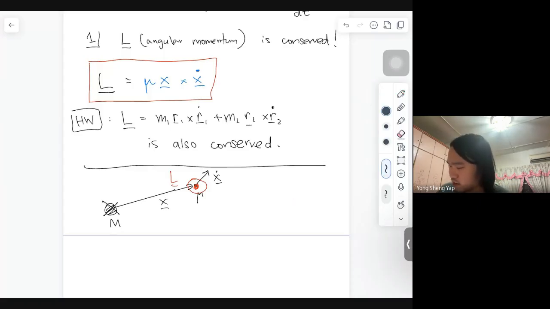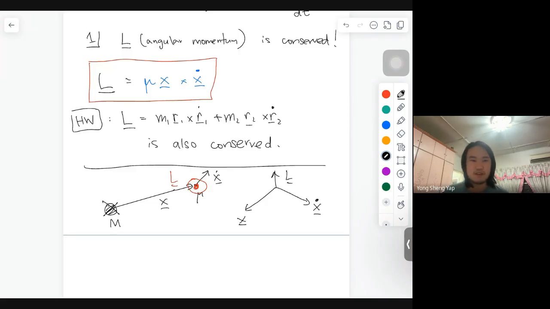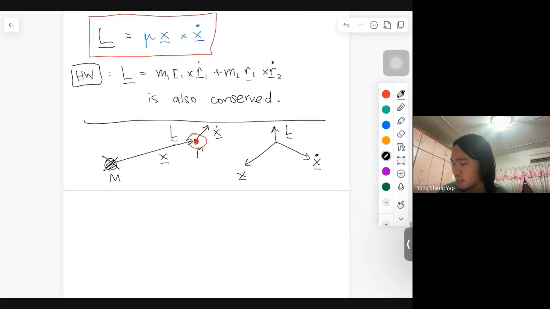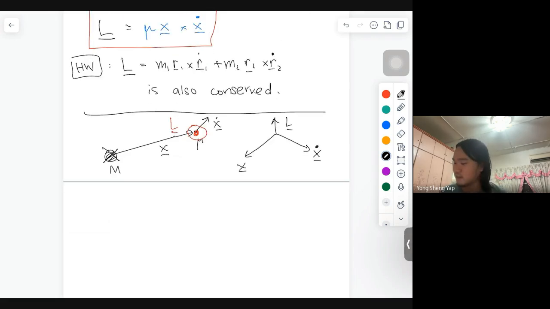What I'm trying to say is that wherever your position is and wherever your velocity is, the angular momentum always points perpendicular to them. So for all two-body systems, L dot x must always be 0 because they are perpendicular.